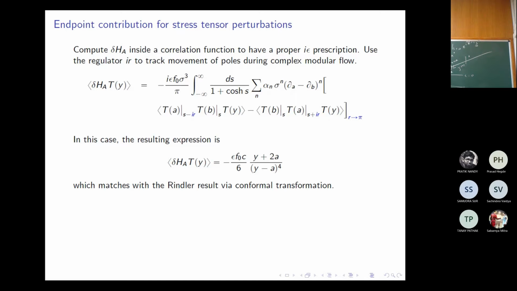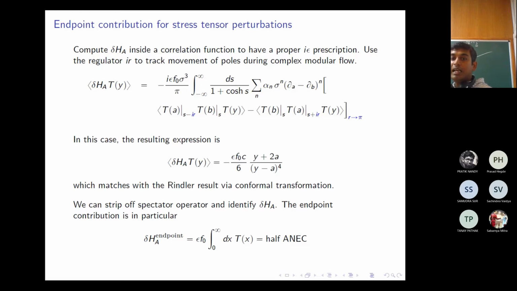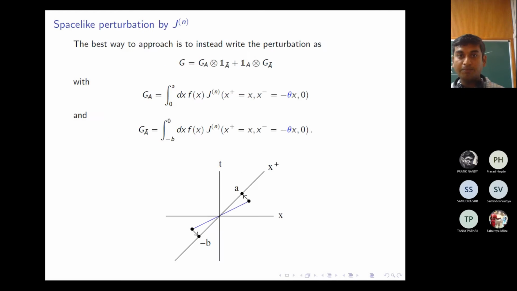You can move it around and you can strip it off from this expression, and you can just look at what is delta HA, and it becomes the commutator contribution plus this endpoint contribution. And if you go back, write down delta HA as commutator plus the endpoint contribution and take a correlation function with T of Y, you can find that this is the answer. So you can do it.